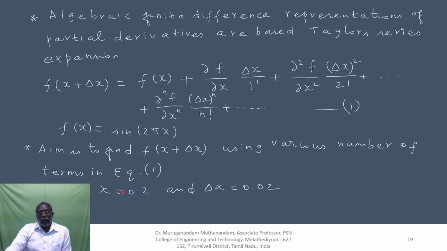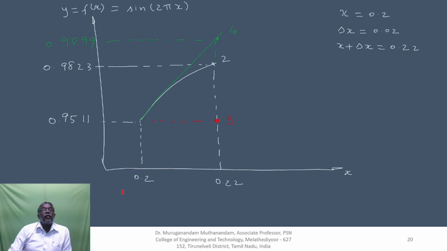For this case, we draw the x-axis, and along it we have taken x equal to 0.2 and delta x equal to 0.02, so x plus delta x is 0.2 plus 0.02, which is equal to 0.22.